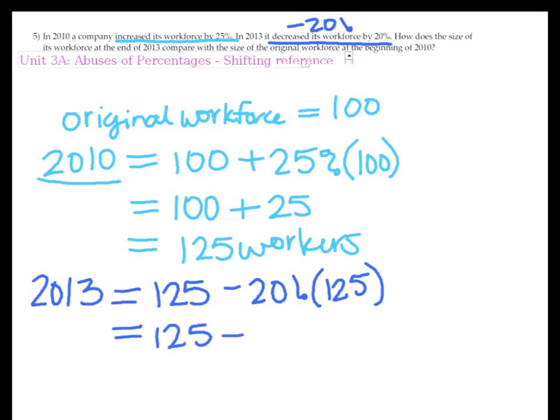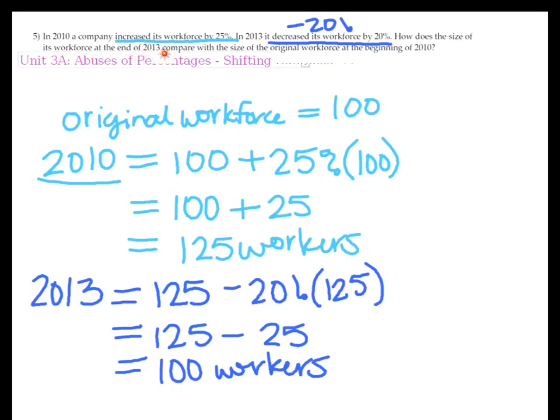So we'll get 125 minus 25, and we get 100 workers at the end of 2013. And so if we go back to the original question, we can note that it's asking us how the size of its workforce at the end of 2013 compares to the size of the original workforce at the beginning of 2010.